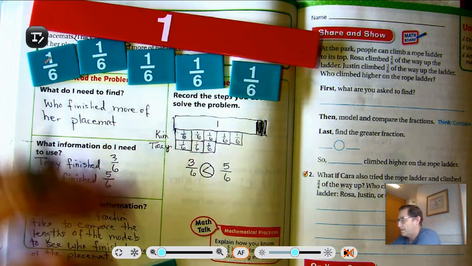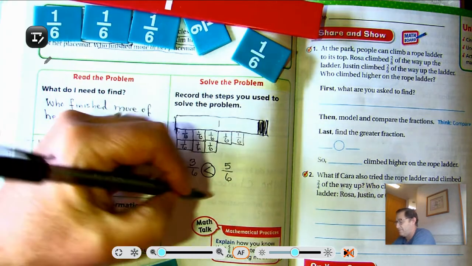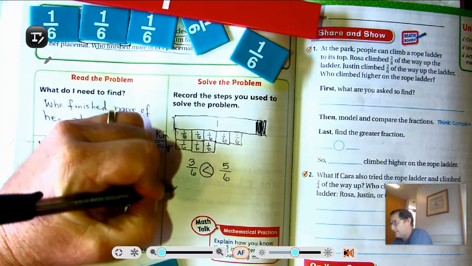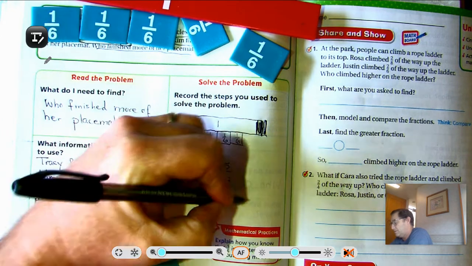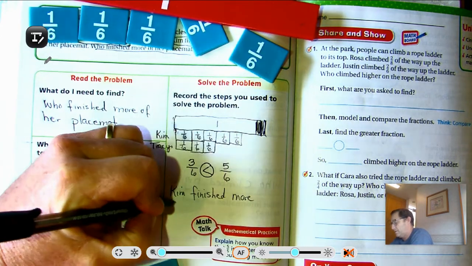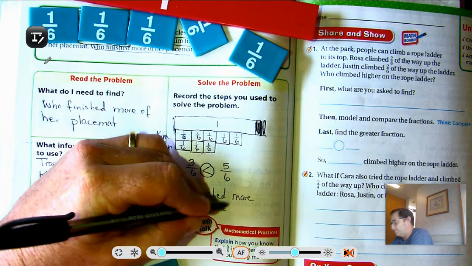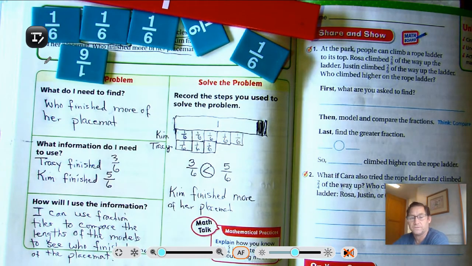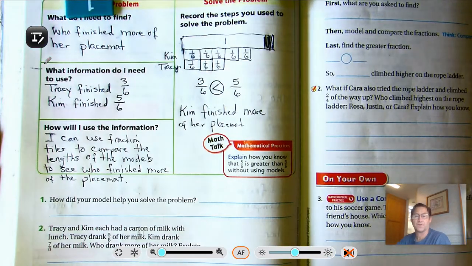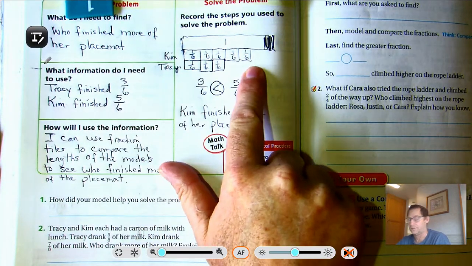So again, our question was who finished more of their placemat? 5/6 is more, so Kim finished more of her placemat. How did your model help you solve the problem? Well, we can just visually look at this and see that 5/6 is longer.